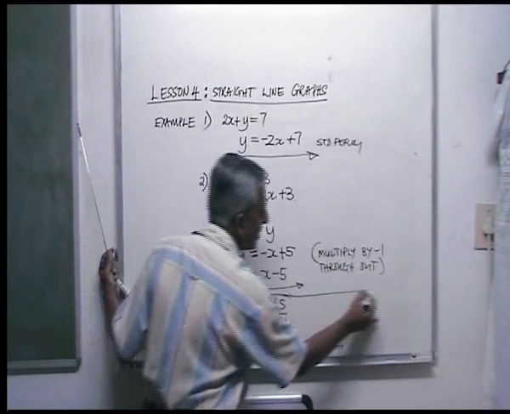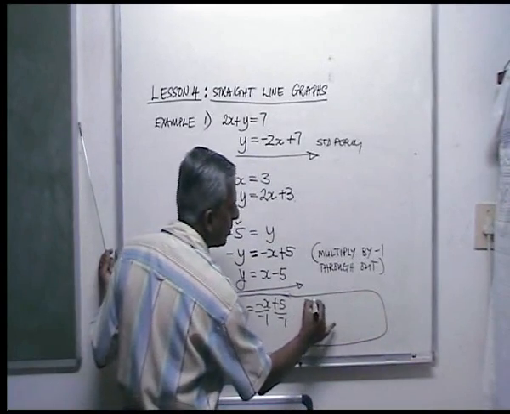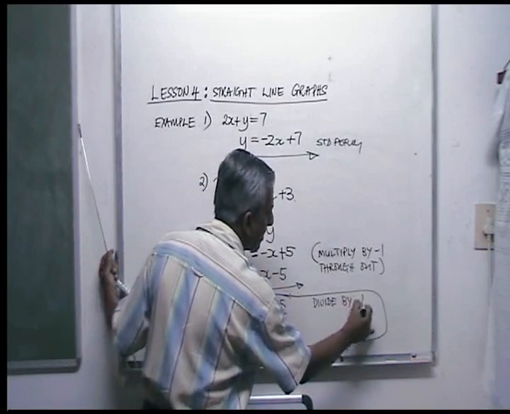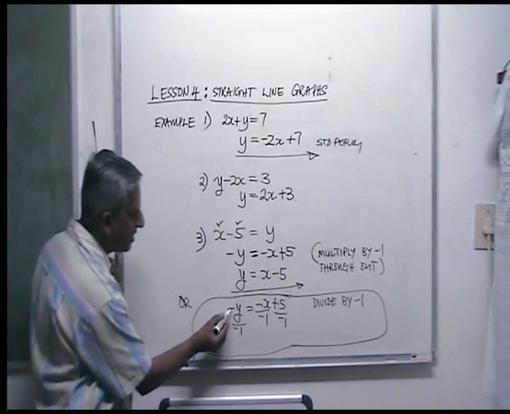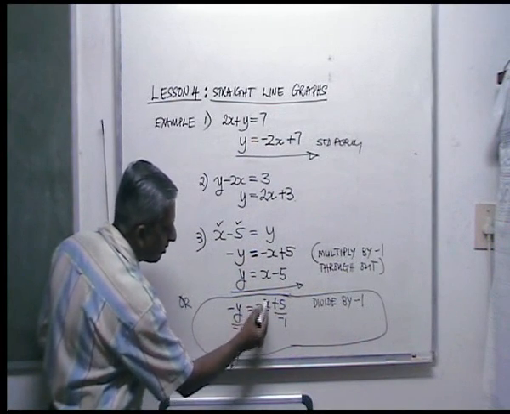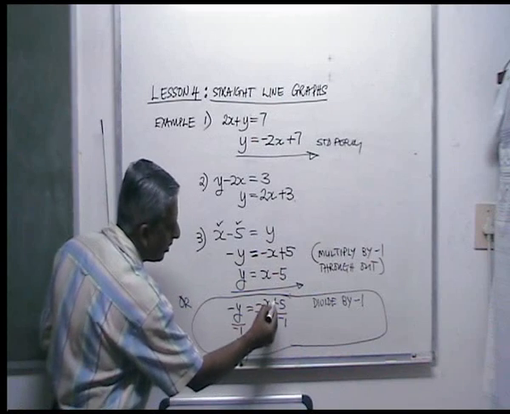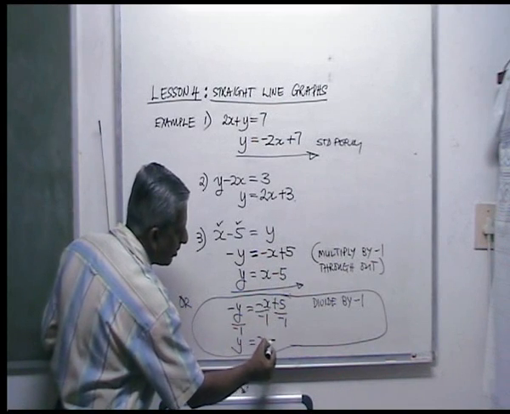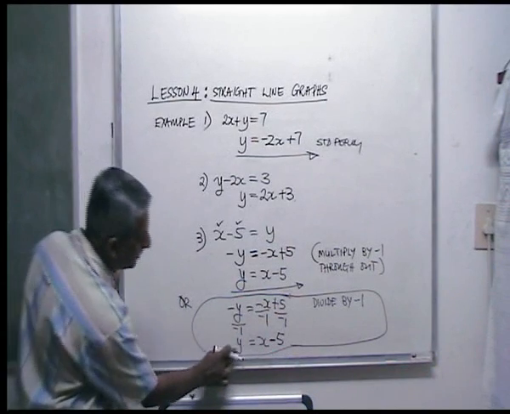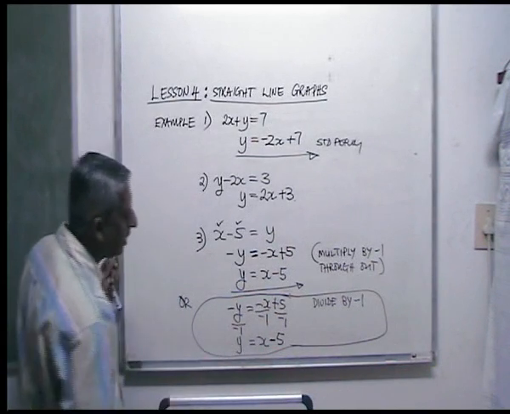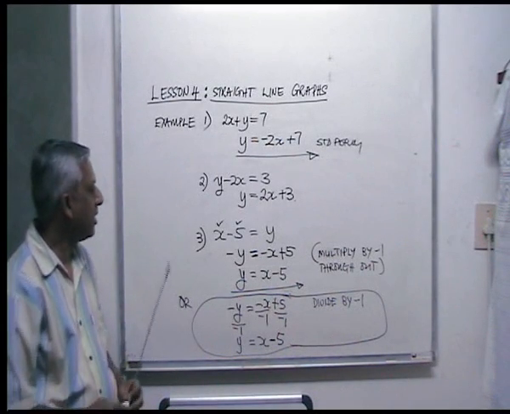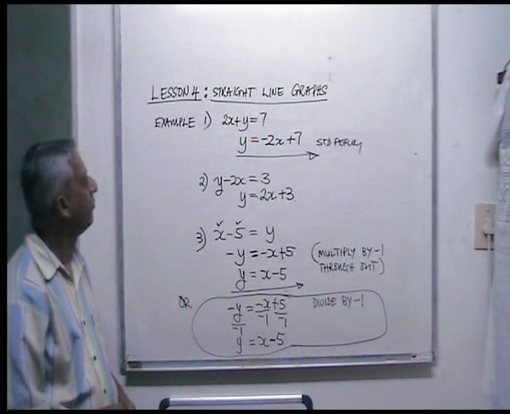So in the second choice, you're dividing by minus 1. Minus divided by minus will give you plus. Plus divided by minus gives you minus. 5 divided by 1 is 5. You still get the same answer. y is equal to x minus 5. So that's how you bring things to standard form.